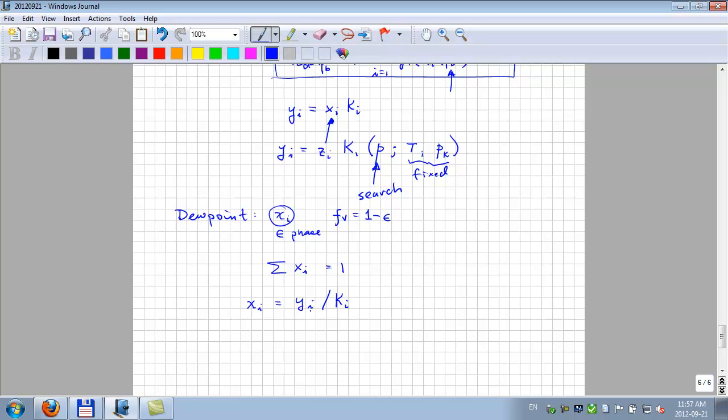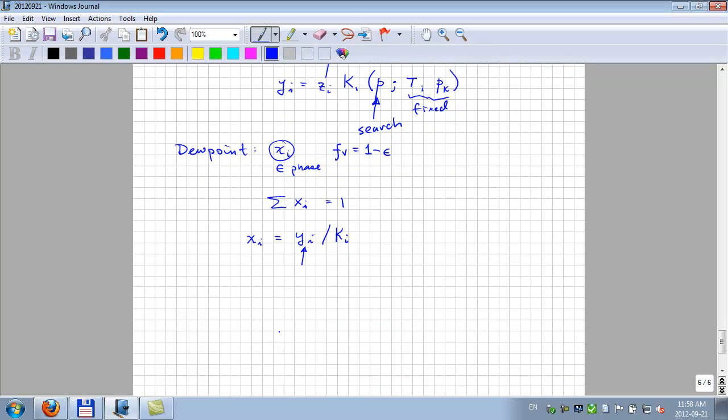Like that. But we know this is equal to the total composition, because we have a gas and it's just precipitating out a very small amount of liquid. Okay, so we know the yi, that's equal to zi. We're going to divide by ki to get xi.